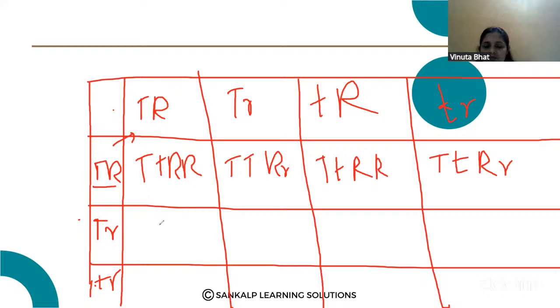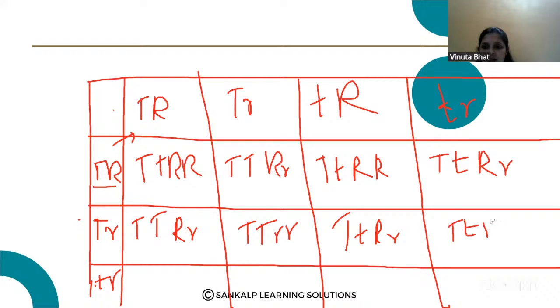Okay, that you should add here. Capital T capital T, capital R small r. Capital T small r small r. Then capital T small t, capital R small r. Then capital T small r small r.